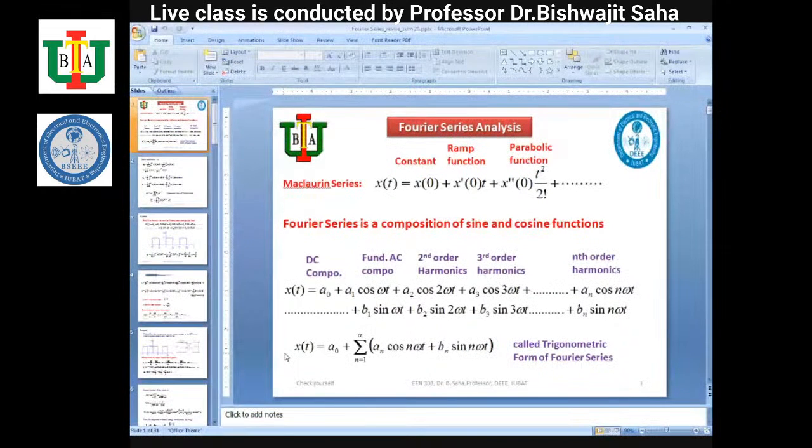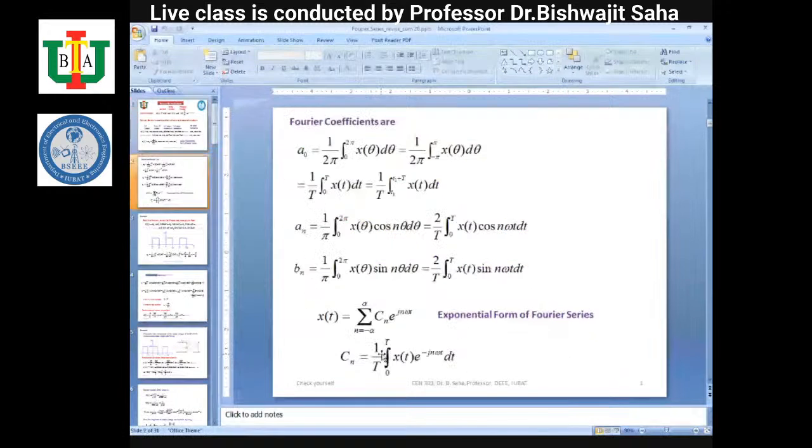Now everybody see the Fourier series. Now we are moving to find the coefficients of Fourier series. Here is the coefficient formula of Fourier series: a0, an, and bn. A signal has 360 degrees in one cycle, that is twice pi.